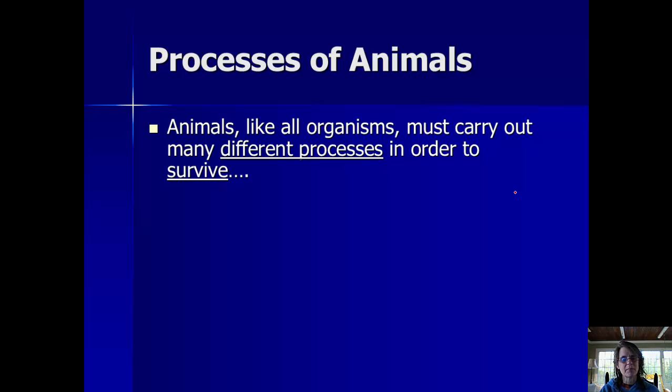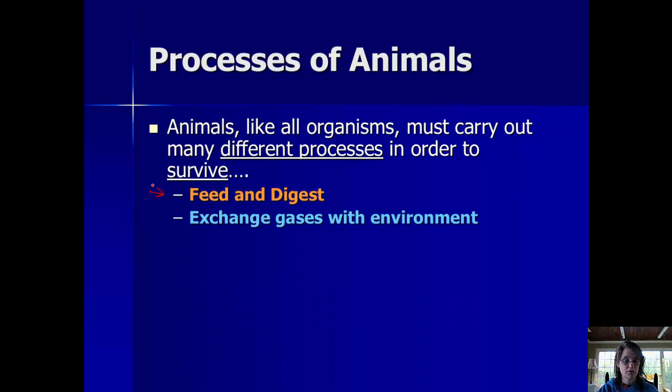Now, animals, like all organisms on Earth, from the tiniest bacterial cell, everything has to carry out different processes in order to survive. All animals, all of them, must feed and digest nutrients, food. All animals must be able to exchange gases with the environment, oxygen, carbon dioxide, things like that.